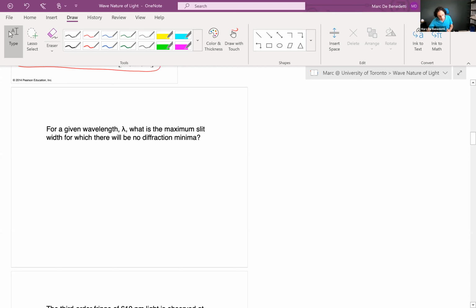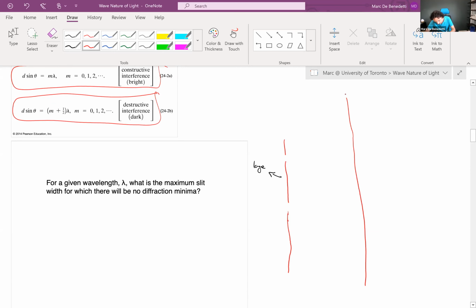So what does that mean? That means if we say this is large, which is kind of what the question's asking about, how large does this have to be? They're saying that there is no minimum. Well, if there's no minimum, then we say the dark spot happens at infinity.